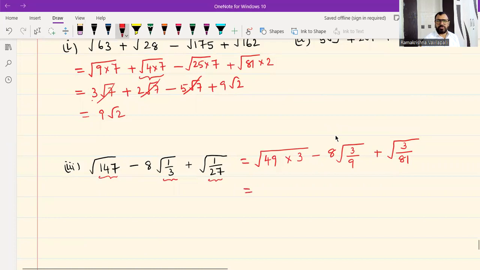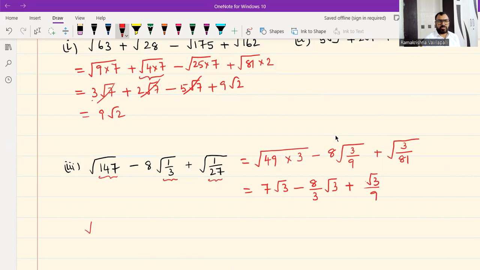This is equal to the square root of 49 is 7, so 7 root 3, minus root over 1 by 9 is 1 by 3, so this is 8 by 3 into root 3, plus this is root 3 by 9.